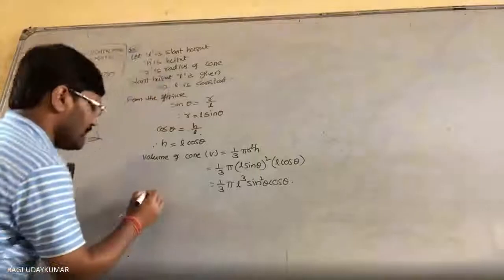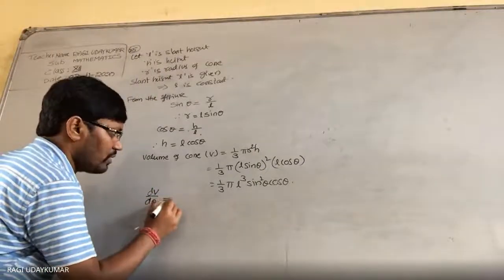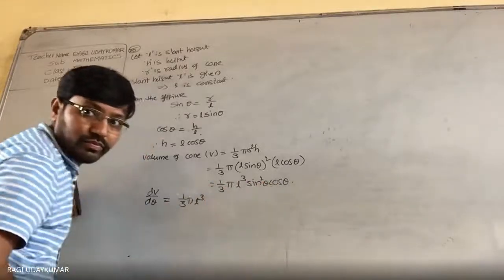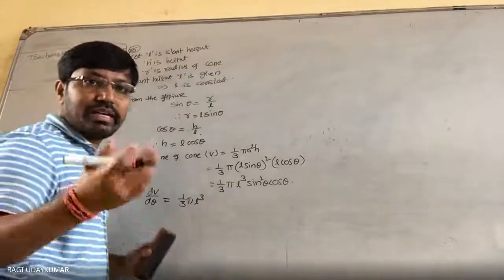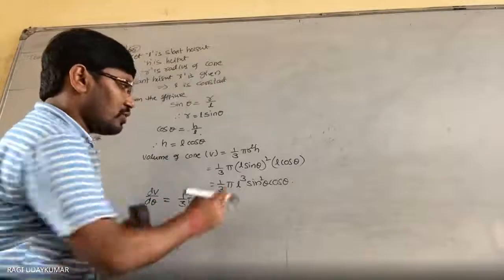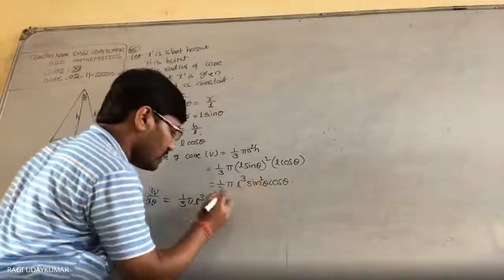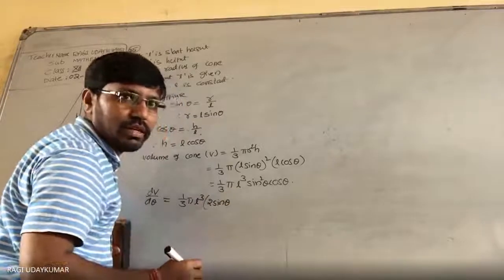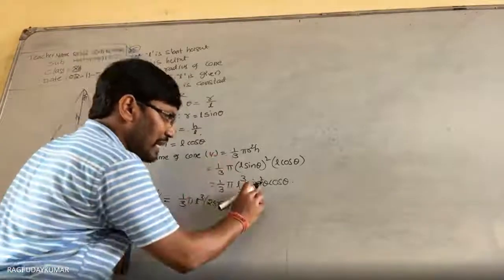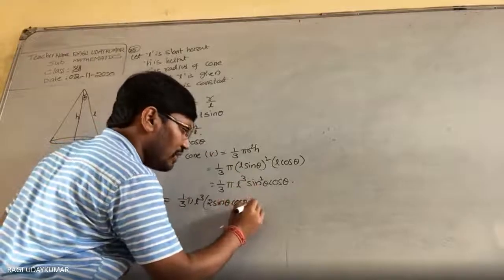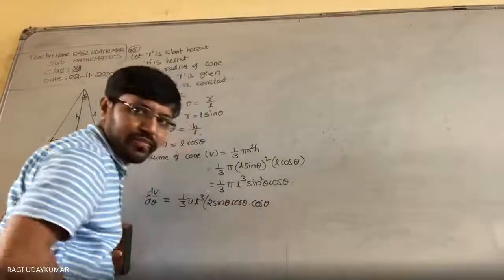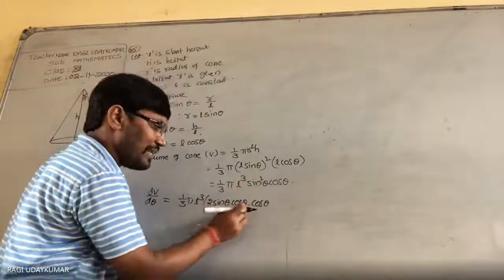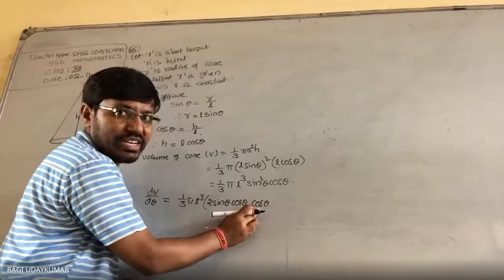So dV by d theta is equal to 1 by 3 pi L cube. So UV method: find out the differentiation by the UV method. Differentiation of sin square theta is 2 sin theta cos theta, and here cos theta is fixed.